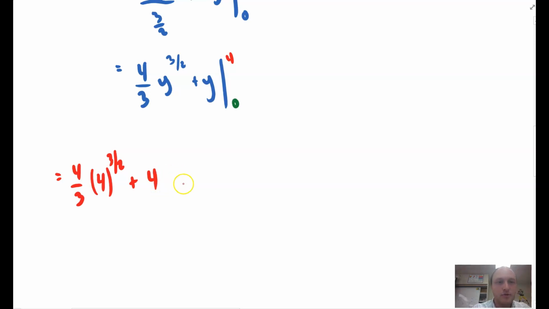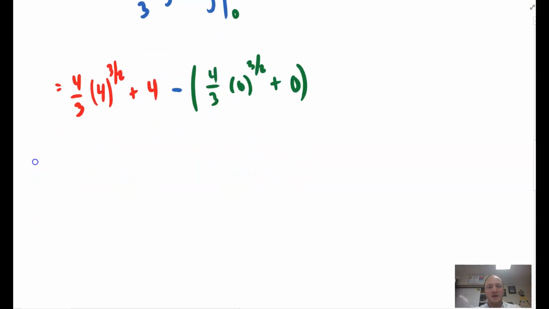And I'm going to subtract f of 0. So I have 4/3 times 0 to the power of 3/2 plus 0. Make sure you include the parentheses. You need to subtract that whole thing.